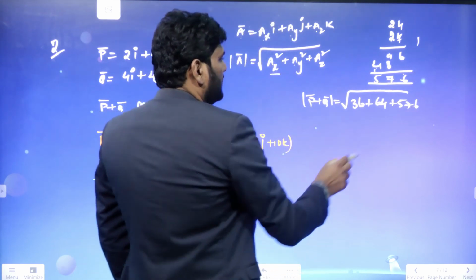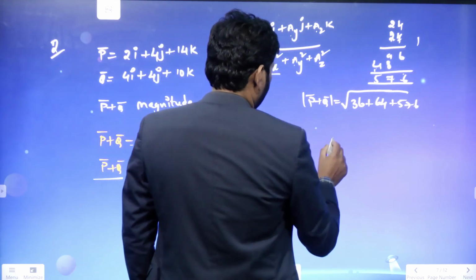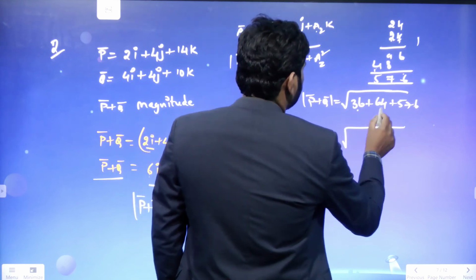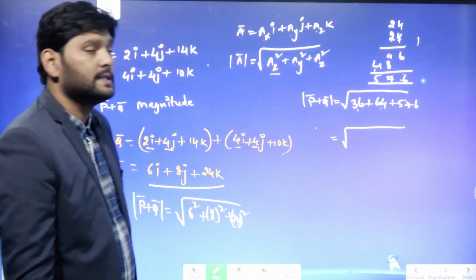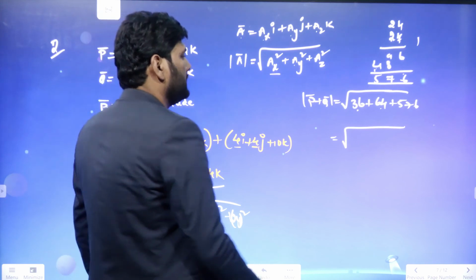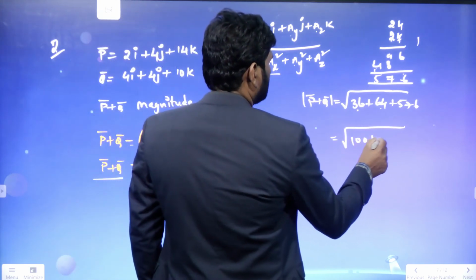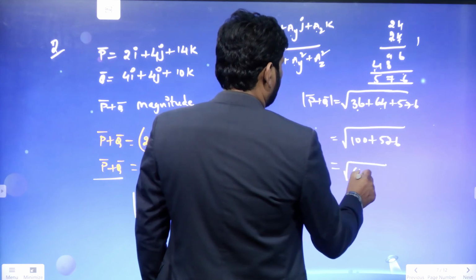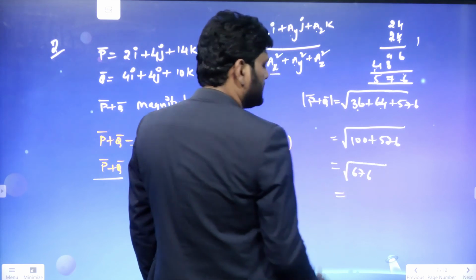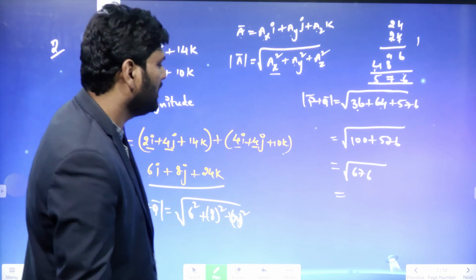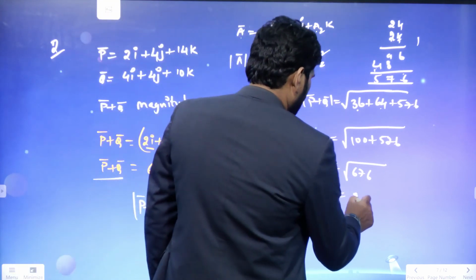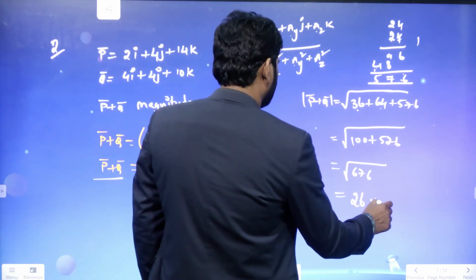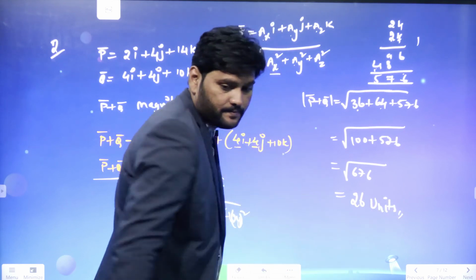So finally add all of these. 36 and 64 is equal to 100. 100 plus 576 is 676. Root 676 is nothing but 26. So the answer is 26 units.